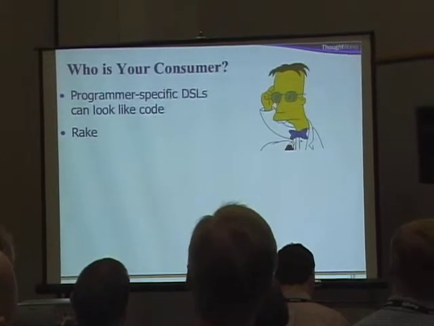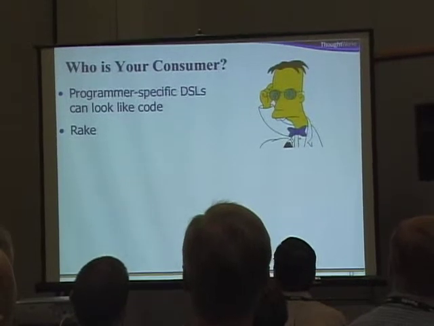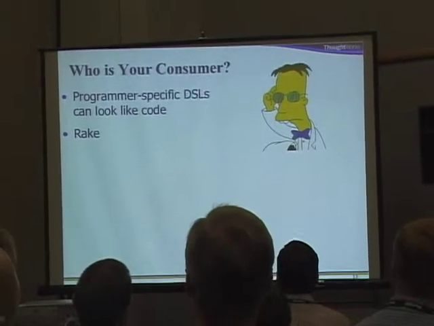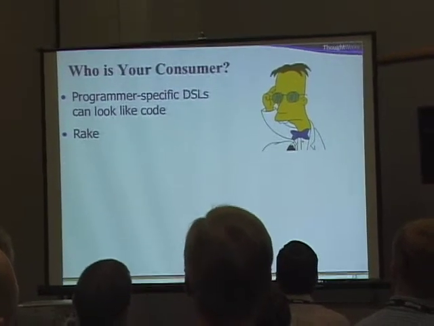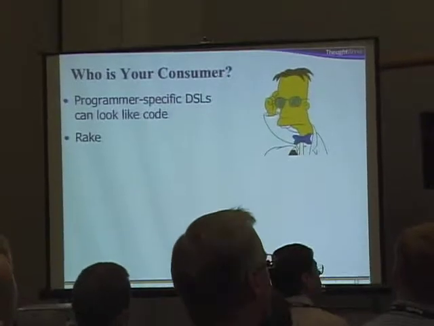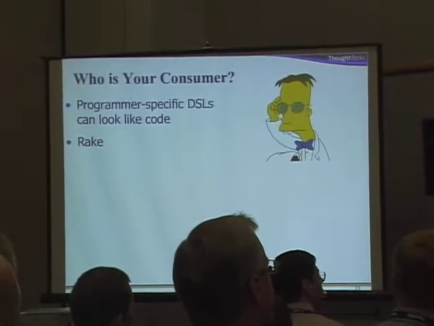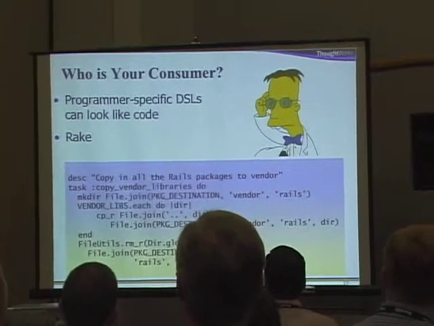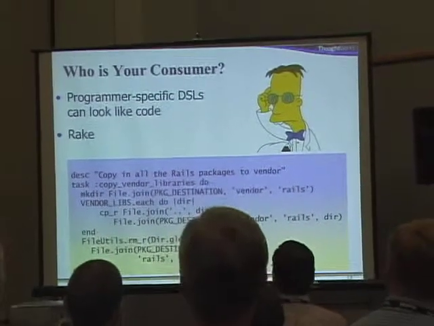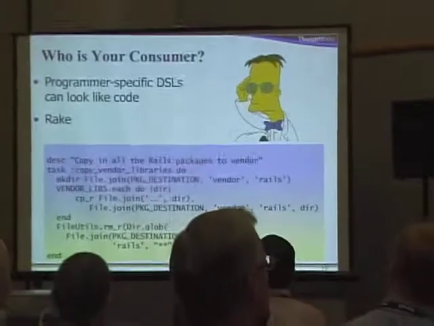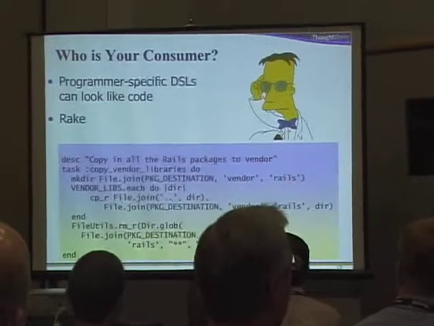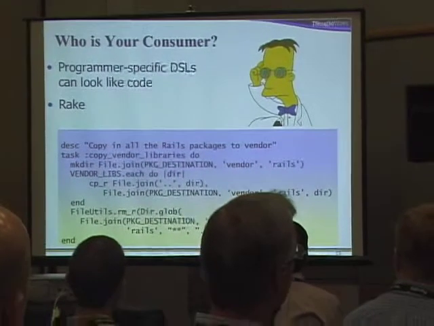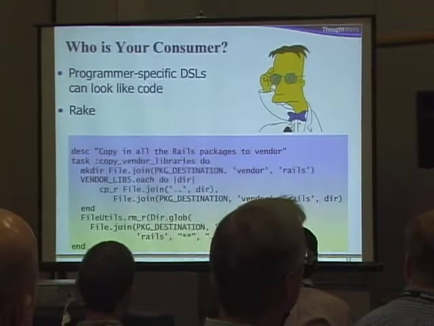You need to think about who your consumer is when you decide to create a domain-specific language. If it's programmers, then it's okay if your DSL looks a lot like code. Here's an example from the Rakefile that comes with Ruby on Rails. Rake is a great example of a domain-specific language built on top of Ruby that looks kind of like a makefile, but also looks a lot like Ruby code.